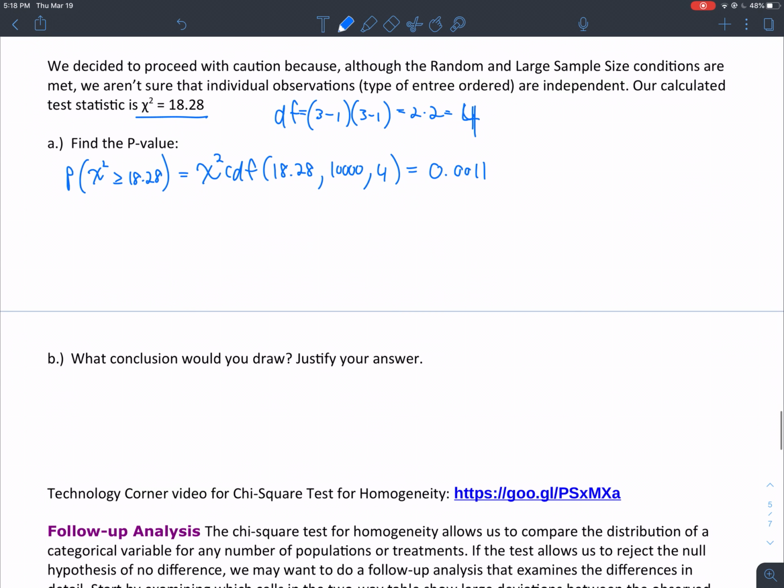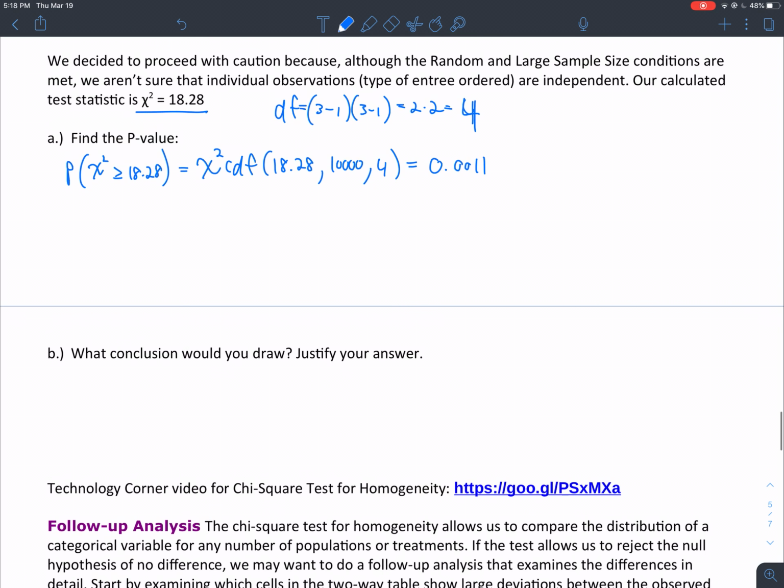All right, and then what conclusion would you draw? Justify your answer. You would say, since the p-value, which is 0.0011, is less than an alpha of 0.05, we reject the null hypothesis.